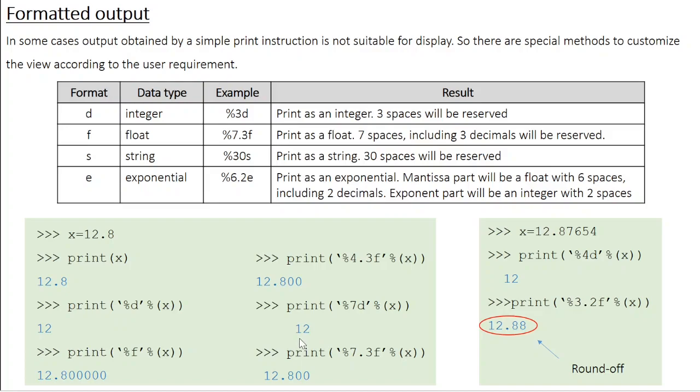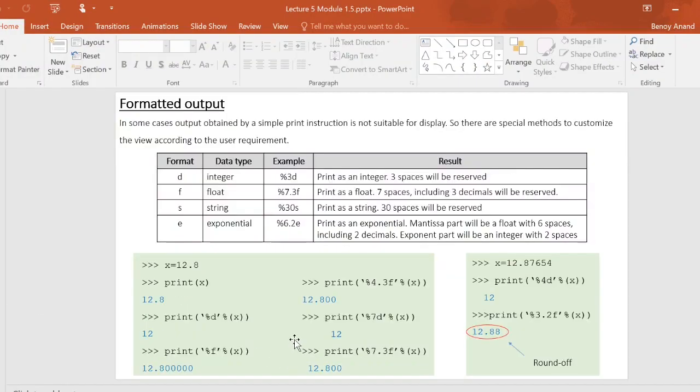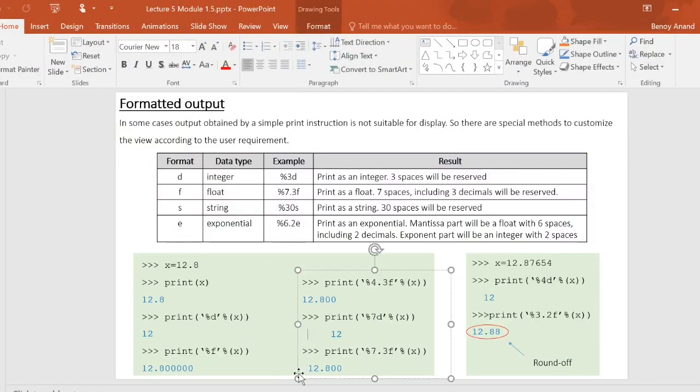So let's count the number of spaces. Let me go to the example. This is the first space, right? So 1, 2, 3, 4, 5, 6, 7. The last digit will be at the 7th space from the leftmost end.